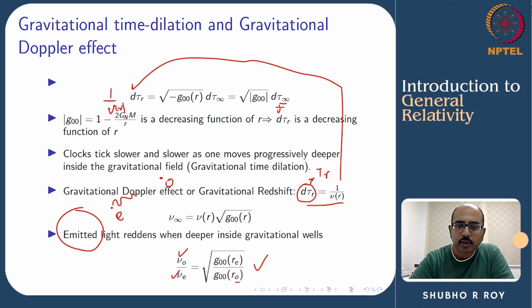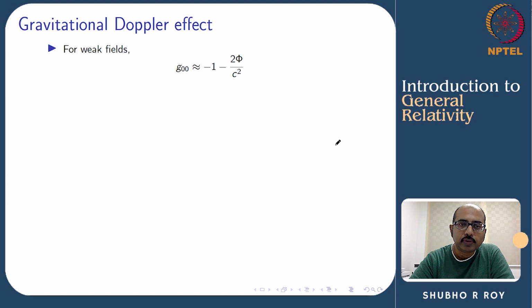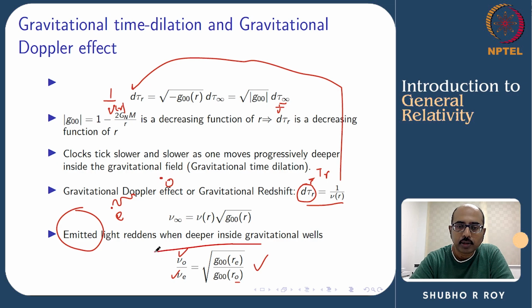So one can obtain the weak field result for this. For weak fields, we know that G00 can be written in terms of the Newtonian potential, in this way. And then we can plug in the formula for the gravitational redshift, which is this formula.